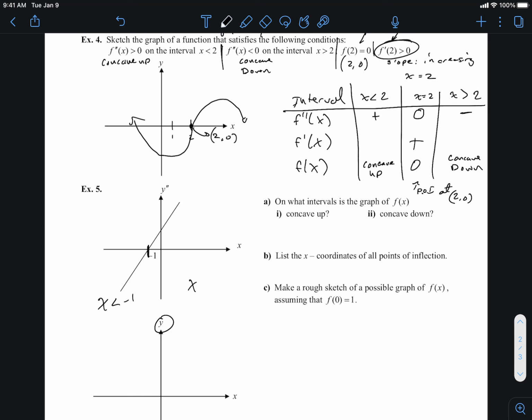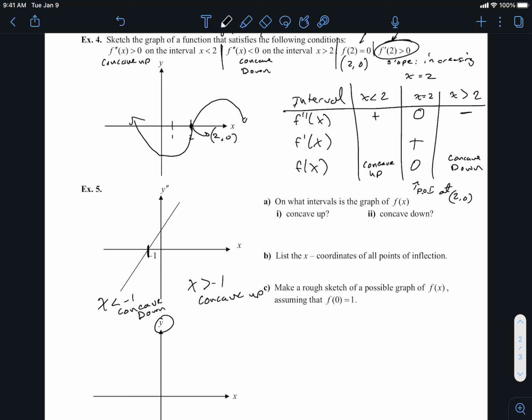So for x greater than -1, we have a positive value above the x-axis, which tells me this is going to be concave up here. We're dealing with the actual y values of this graph, not the slope. And y values on the left side of -1 are going to be negative, so we're going to have concave down over here.